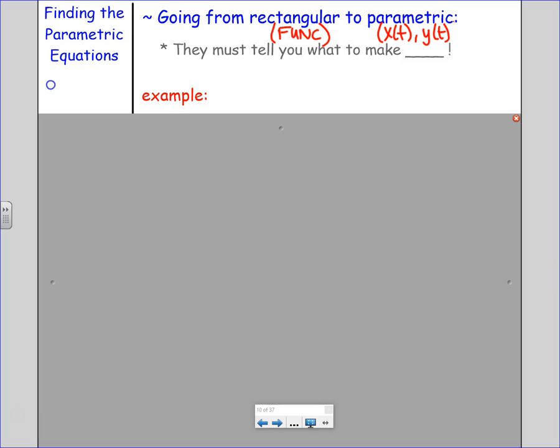So we're trying to go from function mode, from y equals f of x, to parametric mode, to the x of t, y of t. Now here's the dilemma. Well, t is gone here. There is no t. So if t's been erased, you can't just magically bring it back in unless they tell you something about it. So they're going to have to tell you something about your t.